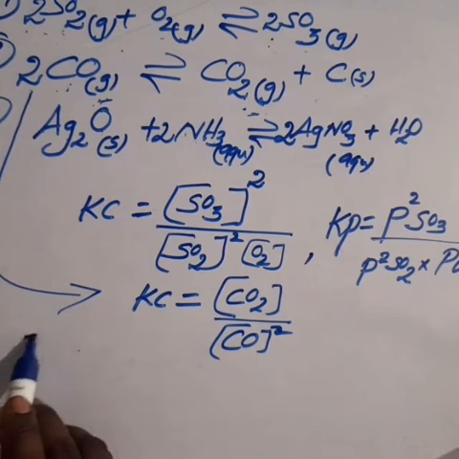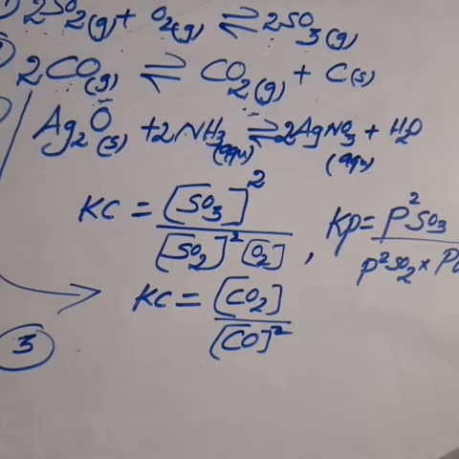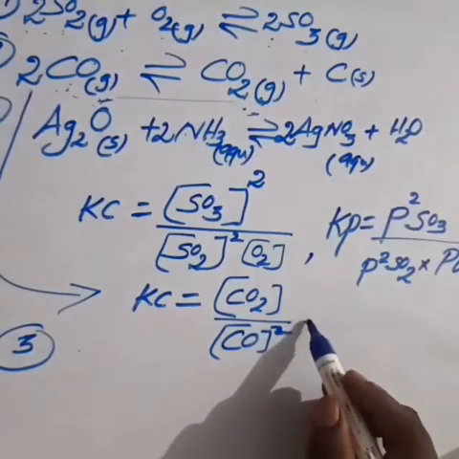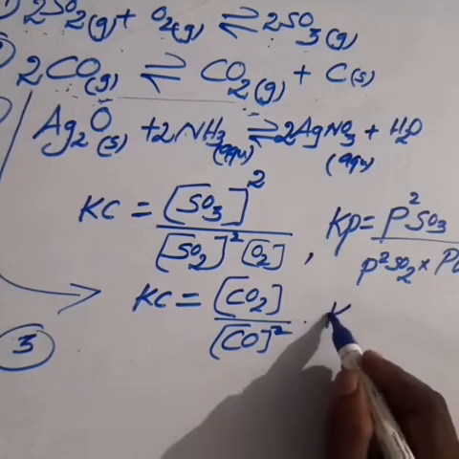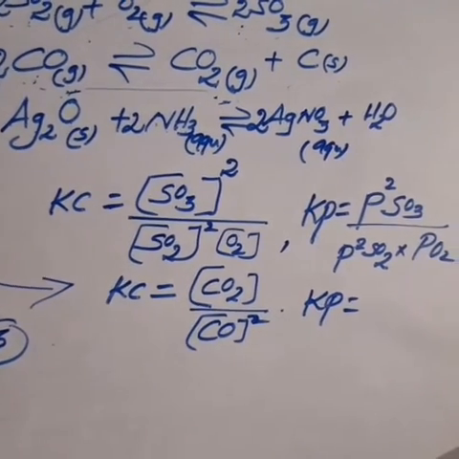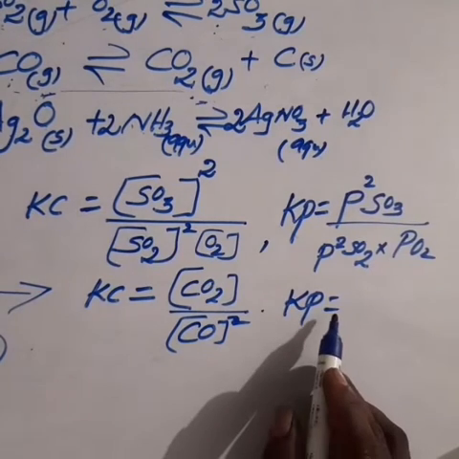Third point, that is the third equation. Silver oxide. What is the formula for silver oxide? Before that, we have one more point to discuss for the Kc. Kc is over. Next, we have to write the Kp also. How will you write Kp for the carbon monoxide reaction?